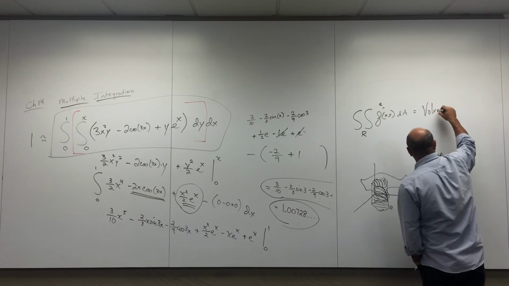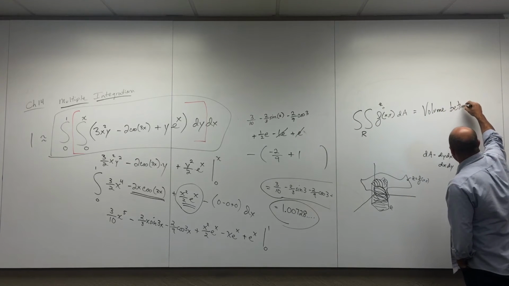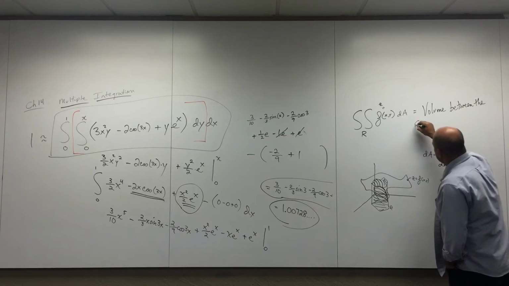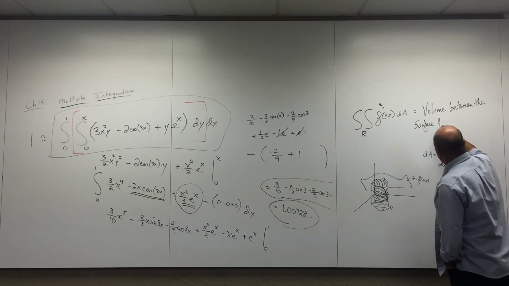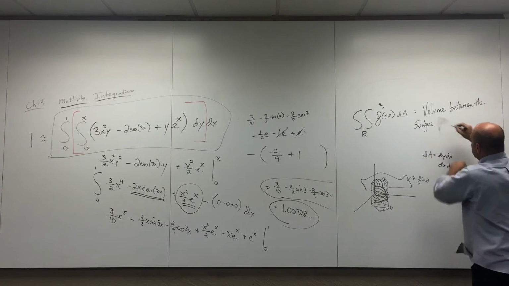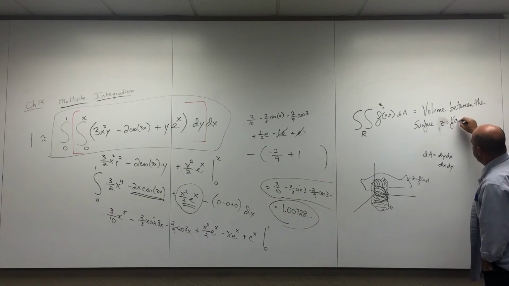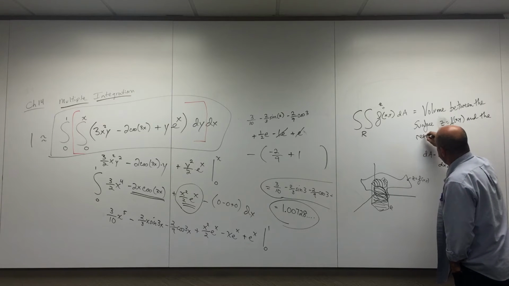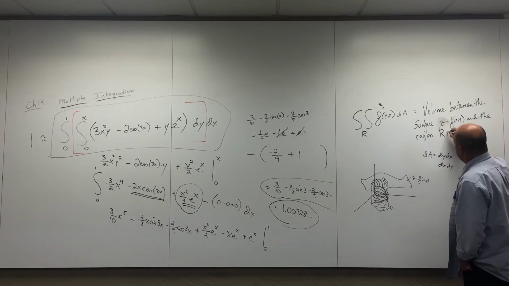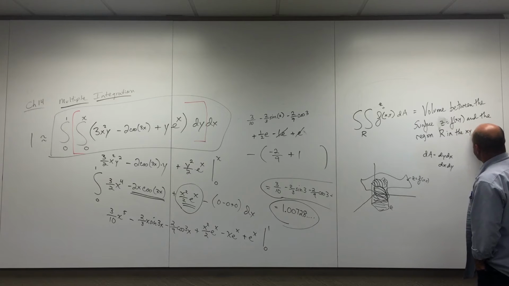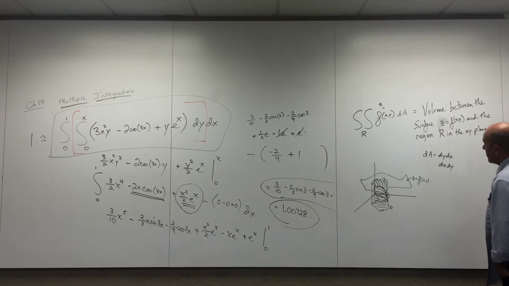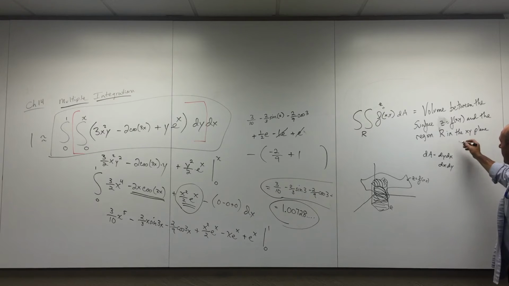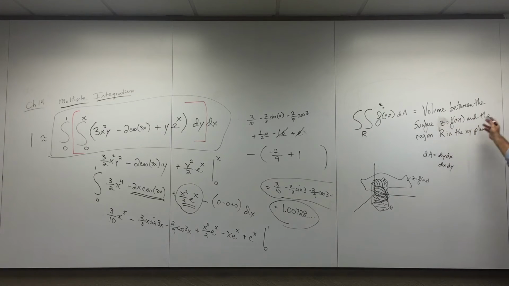This is the volume between the surface, z equals f of xy, and the region R in the xy plane, described in the bounds. Maybe I'll just say that: the volume between the surface and the region in the xy plane.